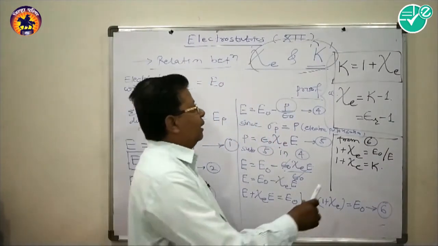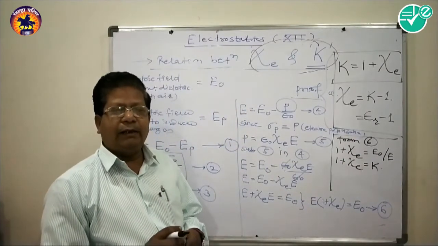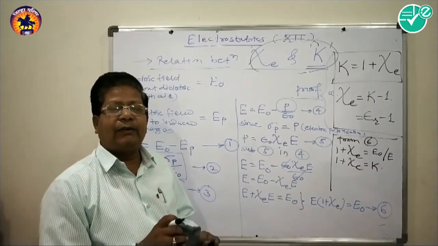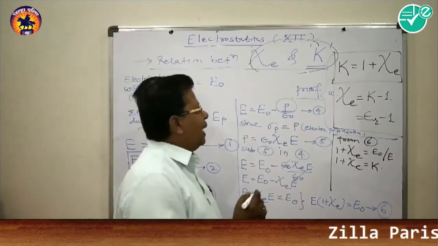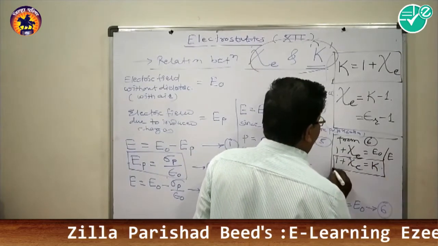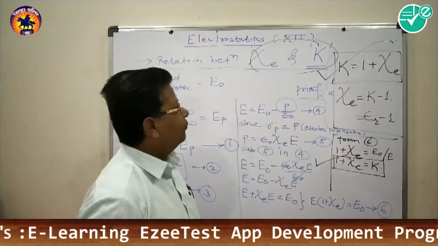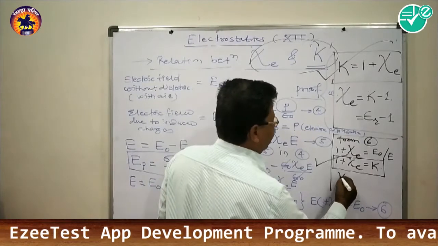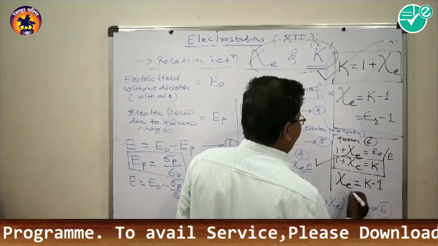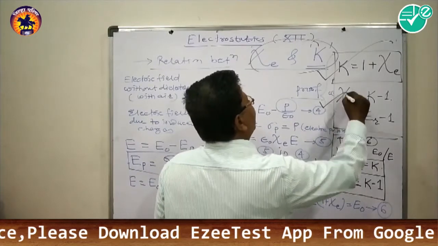So here 1 plus Chi E is equal to E0 upon E, where E is the electric field between two plates when the dielectric is introduced, and hence our first relation comes out, which is K is equal to 1 plus Chi E, and from this relation we write Chi E is equal to K minus 1, which is equal to epsilon r minus 1. So this is the second expression.